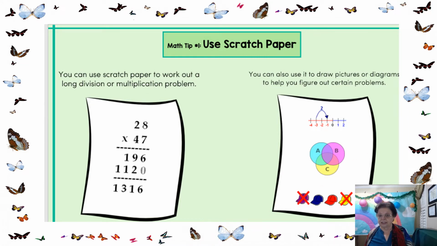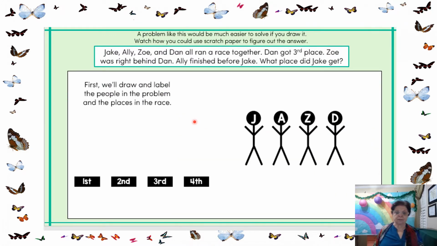We're going to look at an example. Here's the problem, a word problem. Jack, Allie, Zoe, and Dan all ran a race together. Dan got third place. Zoe was right behind Dan. Allie finished before Jake. What place did Jake get? That's sort of complicated, but watch what you can do.